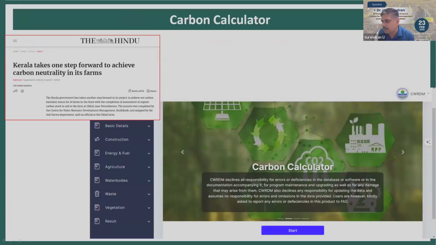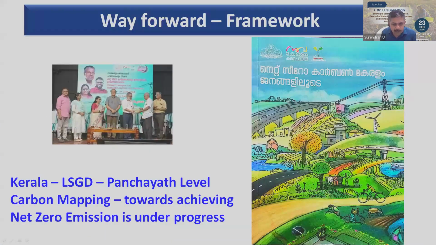So based on that, we have evolved this carbon calculator and tried it in different agriculture farms in Kerala, and some of them have got the certificate. This is the one thing I wish to convey: this is the first state in India where many departmental agriculture farms, meaning government farms, have taken certificates based on the carbon mapping.